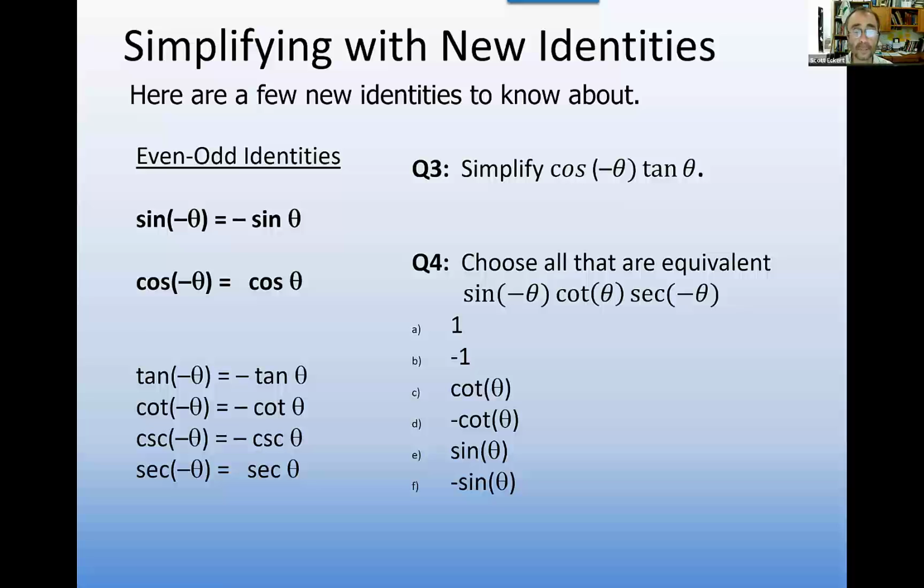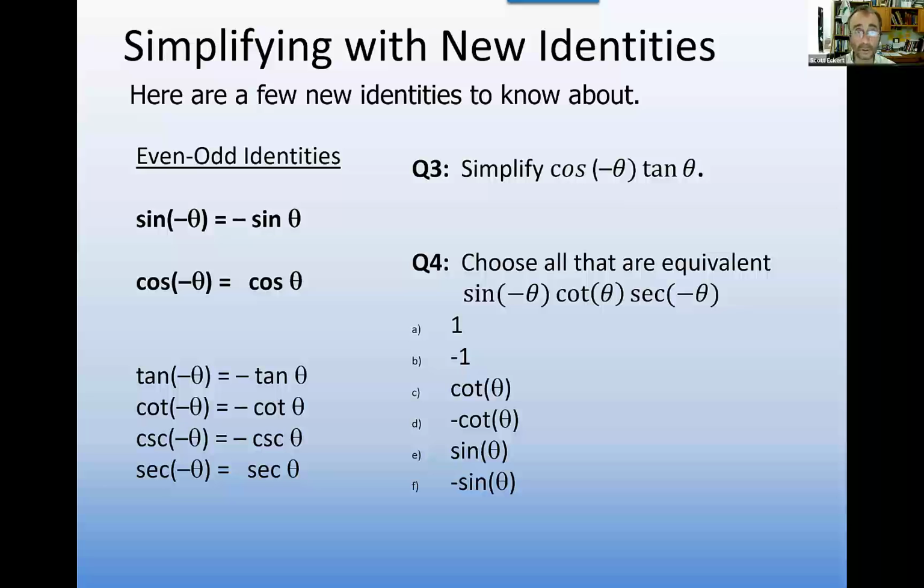And briefly, back in chapter 3, we talked about even and odd functions. And there's a whole technical theory behind what even functions do and what odd functions do. Now, that technical theory is not that critical for us in trigonometry.